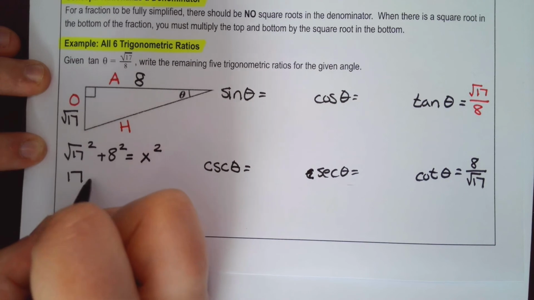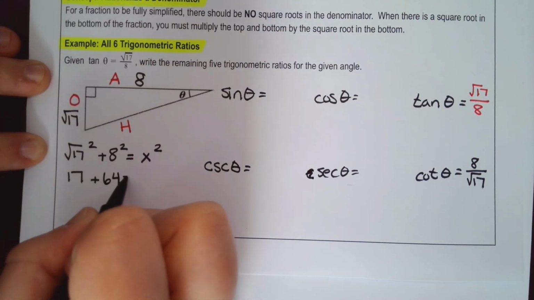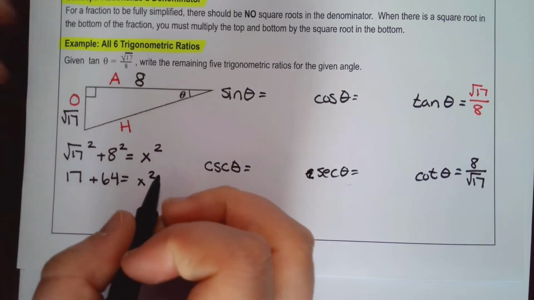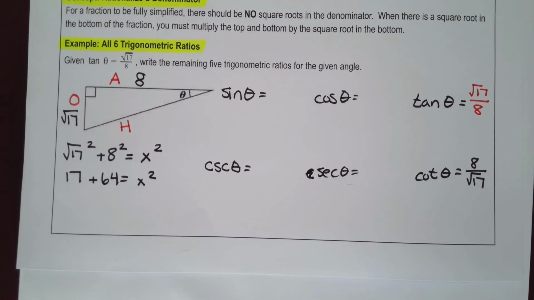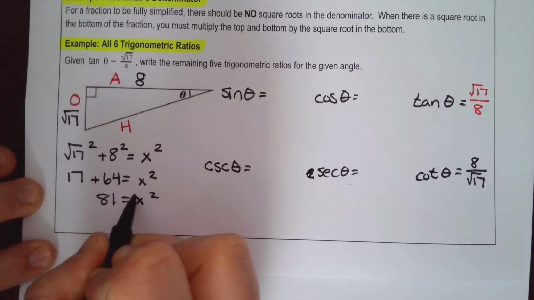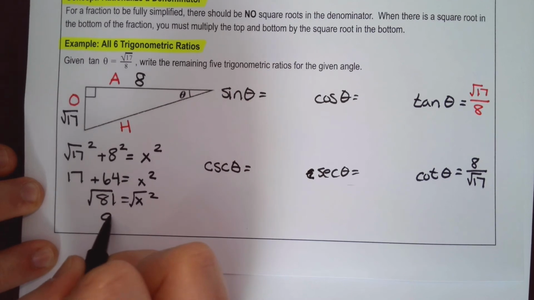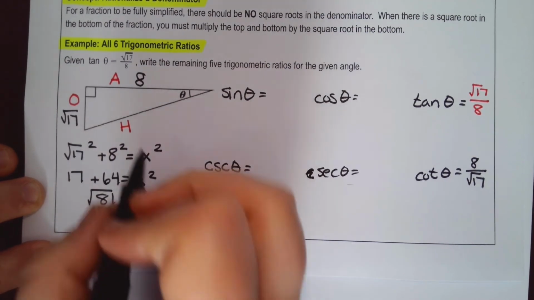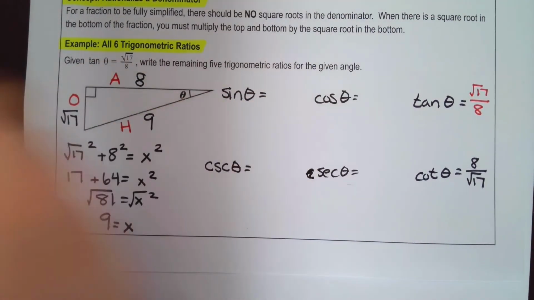So we have 17 plus 64 is equal to x squared. So we have 81 is equal to x squared. Take the square root, and we get 9 is our hypotenuse.